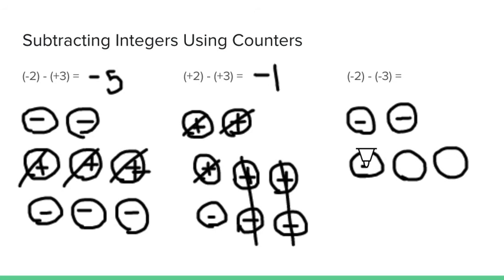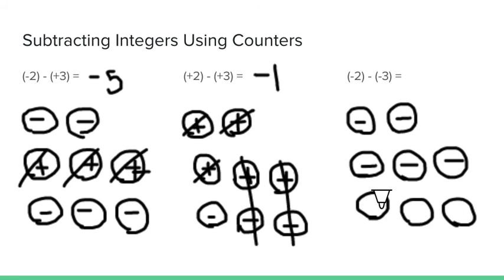However, remember, if I draw these 3 negatives out of nowhere, I also have to draw 3 of its opposite as well to make it fair. This will allow my answer to become correct when I'm finished. If you don't do this step, you're going to end up with the wrong answer.